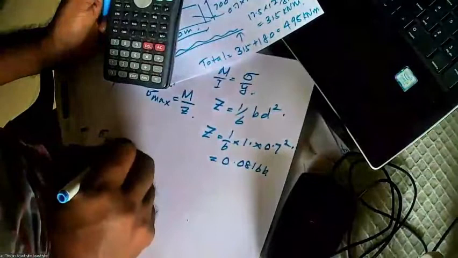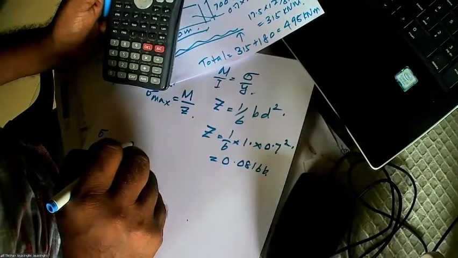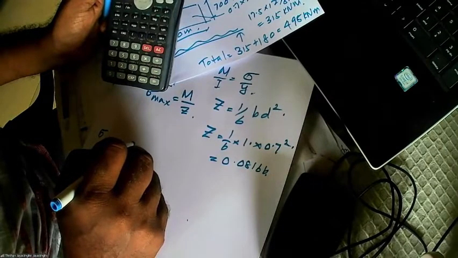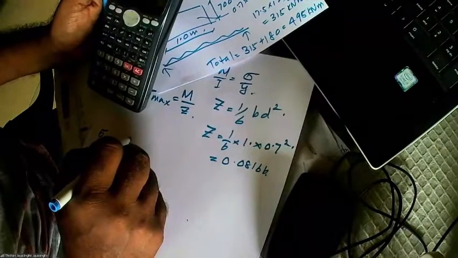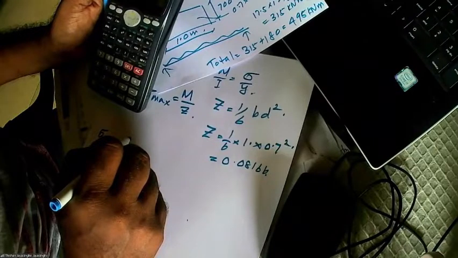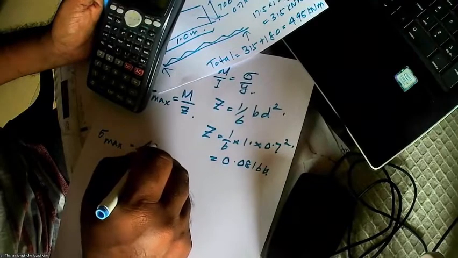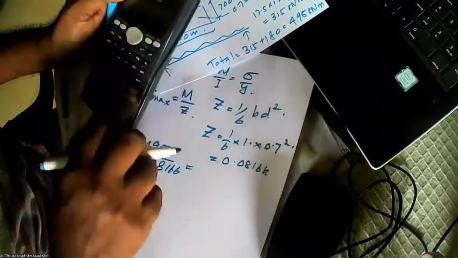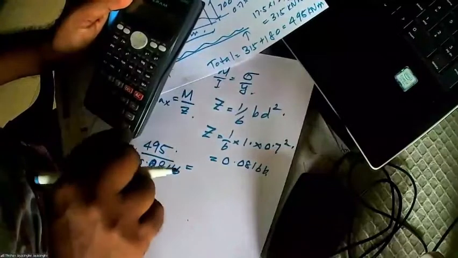Sigma max is equal to 495 divided by 0.08166.